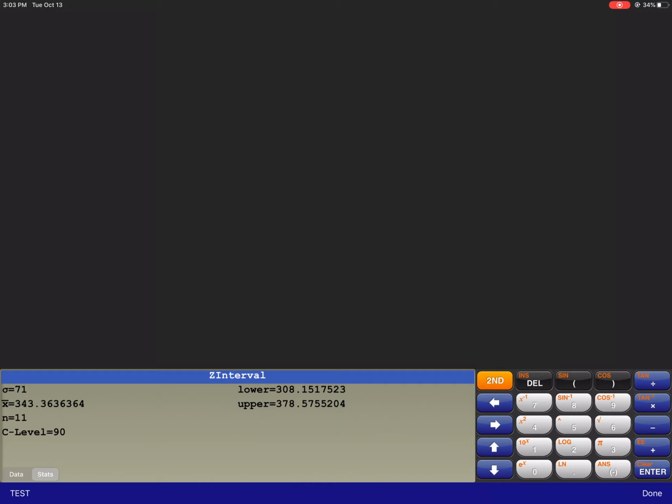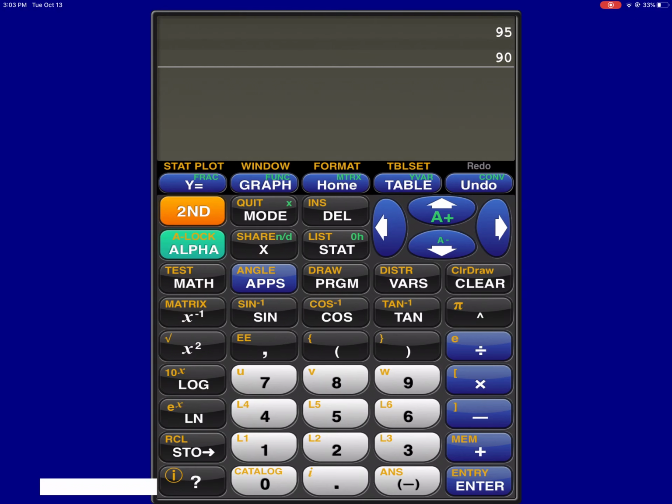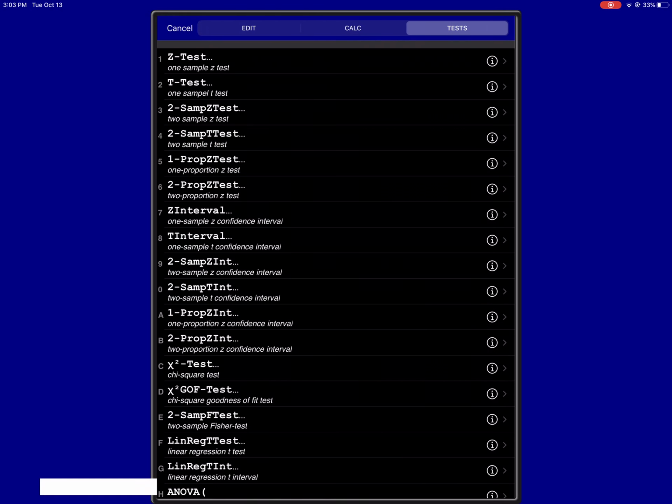I don't know why that thing keeps changing on me. Maybe I just have to hit enter. I think this will work better on your calculators than on this thing, because for some reason it seems a little wonky at times.